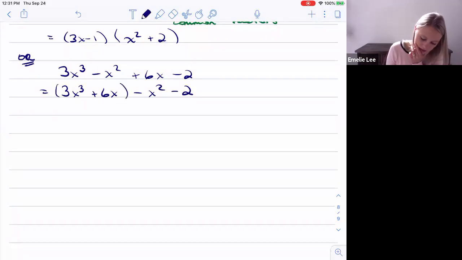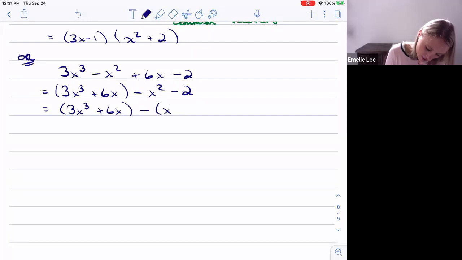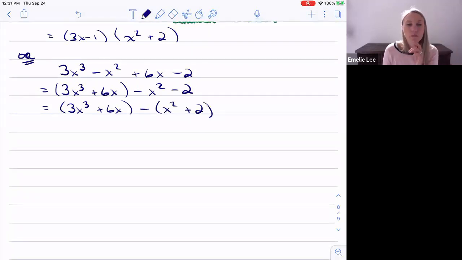Now I'm going to put brackets around here. I'm going to be careful with my brackets around the negative x squared minus 2 because it might be nice to pull out a common negative, right? But then this becomes 3x to the 3 plus 6x minus x squared plus 2. Now, in this first group, I can pull out a common 3x, right?